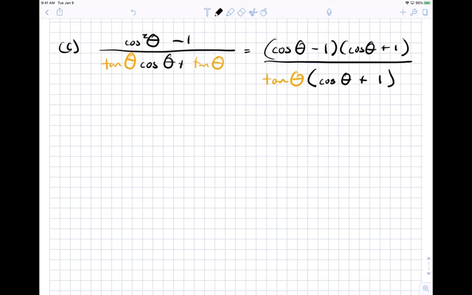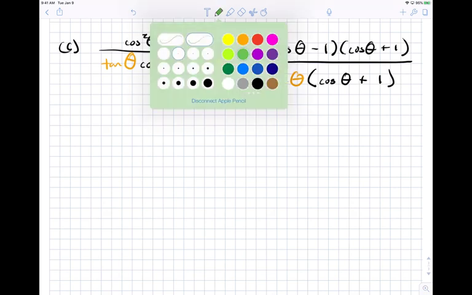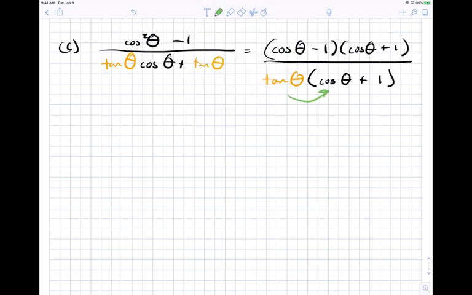When we factor out the tan, we're left with cosine plus 1. If we multiply back, we get this. Does that make sense?